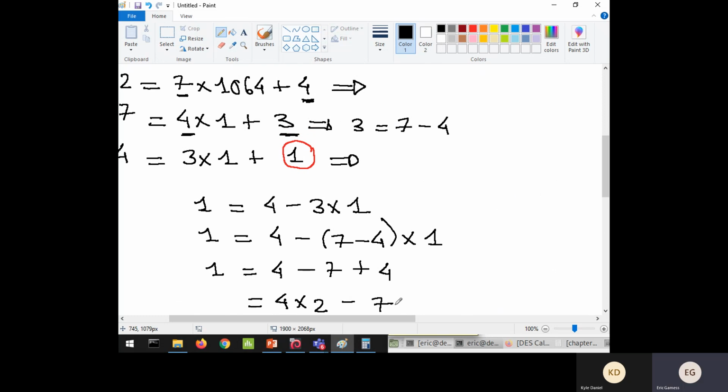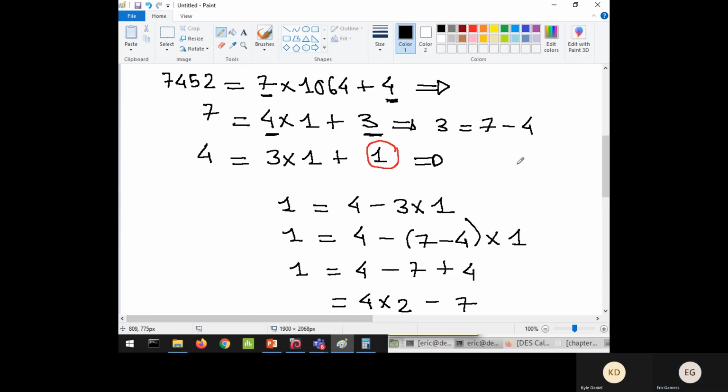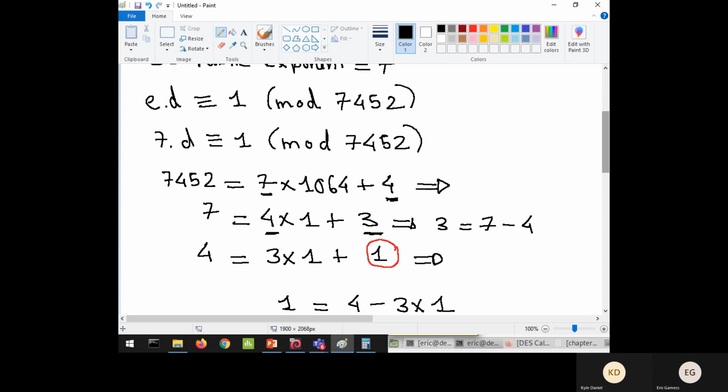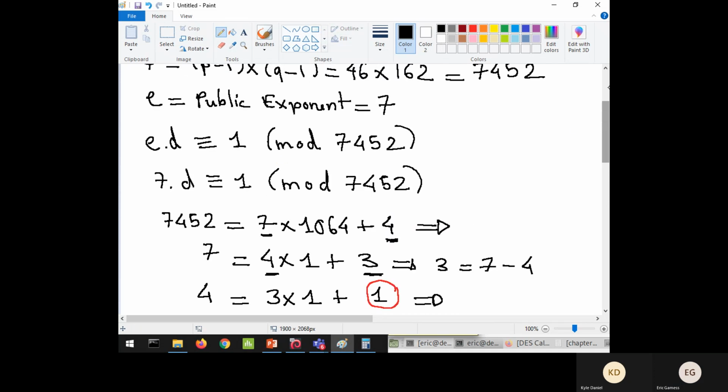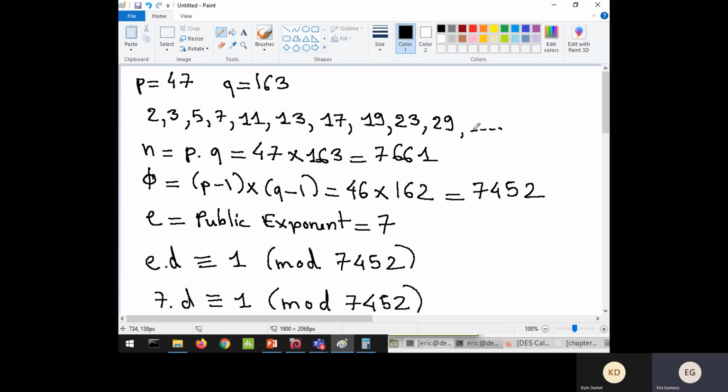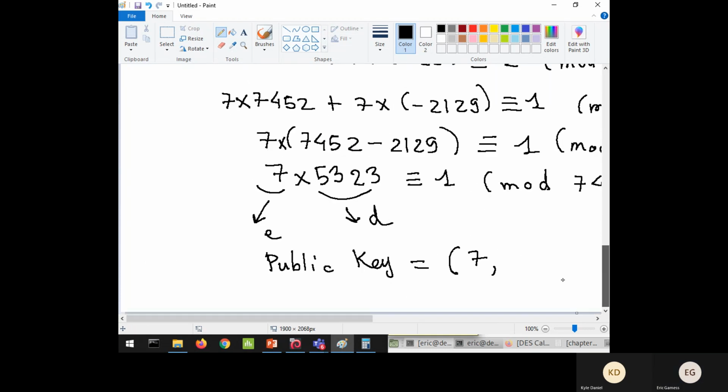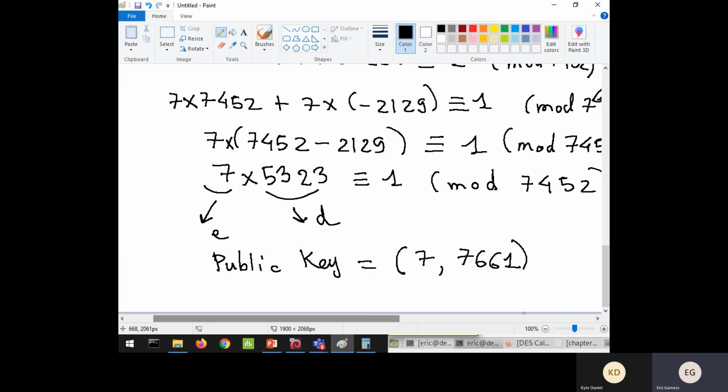We computed the modulus at one point, which was P times Q. You see, you don't help me, no? You could have said the modulus is 7,661. So 7,661. This will be the public key.